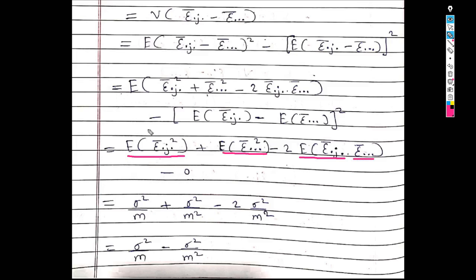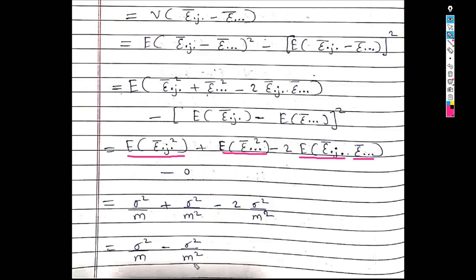Now expected value of this term is nothing but sigma square upon m, plus expected value of this term is sigma square upon m square, minus 2 times expected value of this term, which is also sigma square upon m square. So we get sigma square upon m minus sigma square upon m square, because here we have sigma square upon m square minus 2 sigma square upon m square.